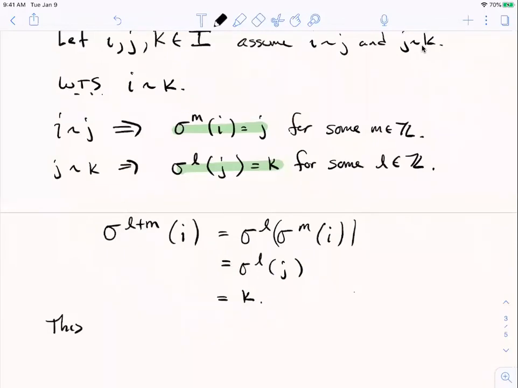So L plus m is certainly an integer because L and m are. So this shows that i is related to k, and hence this is transitive.